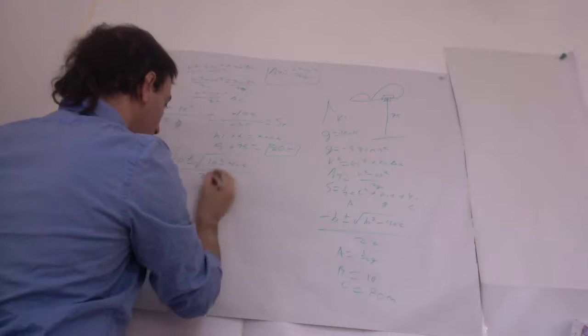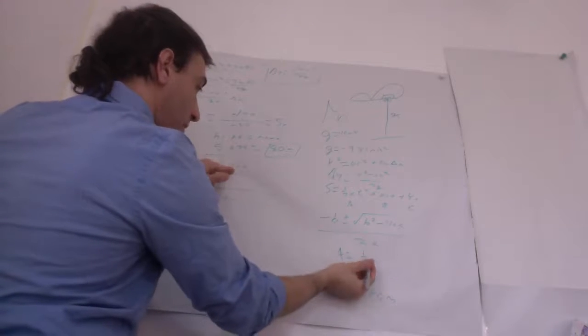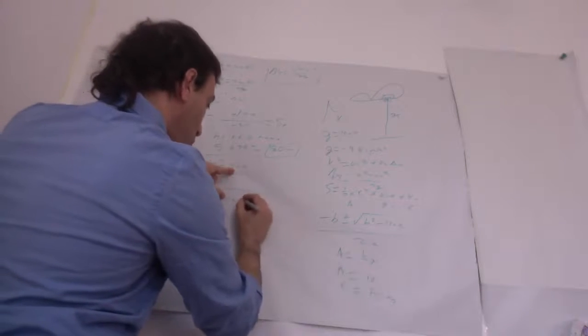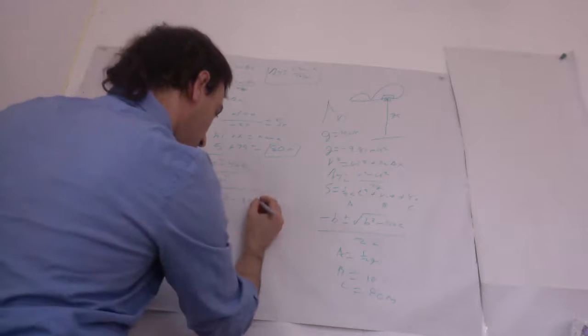Then we're going to try to make life less complicated by simplifying. 10 squared is going to be 100, minus 4a. 4a is going to be 20, and that's going to be negative. And now c, I'm going to give you guys the 80 right here.